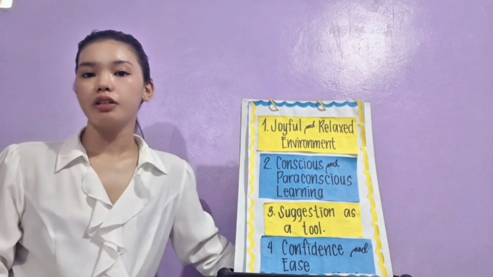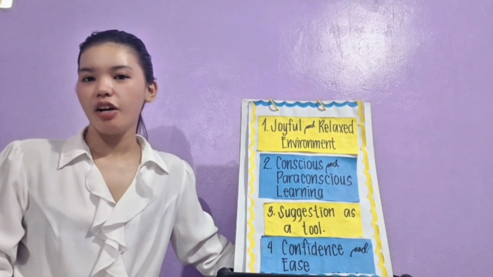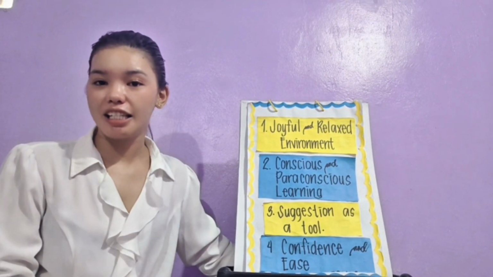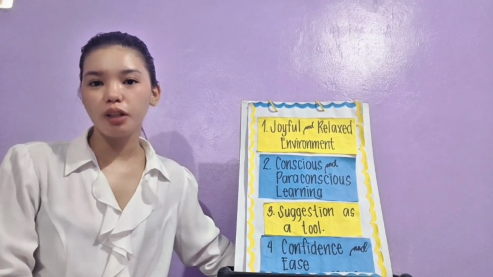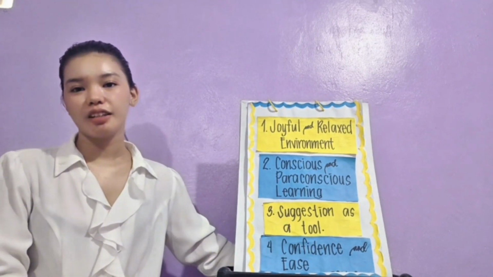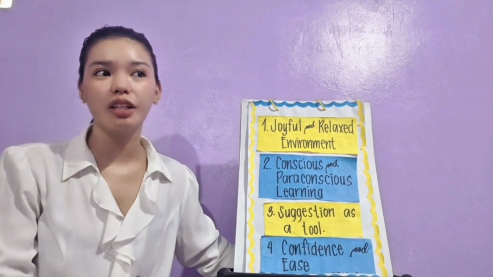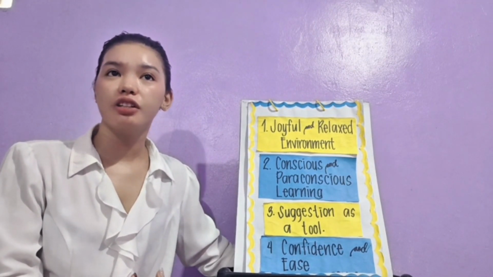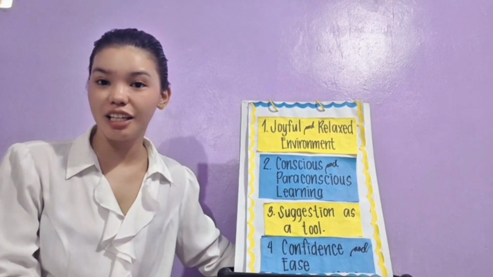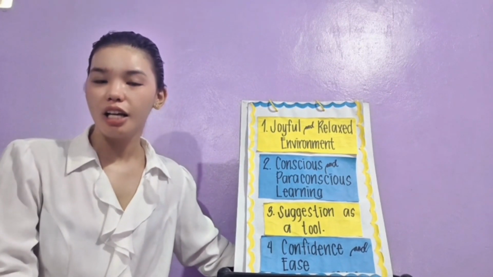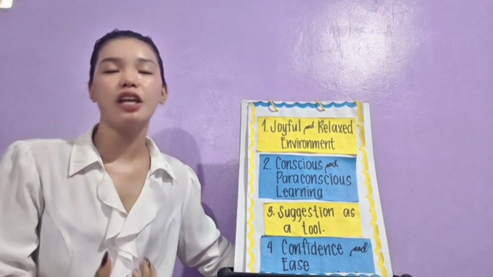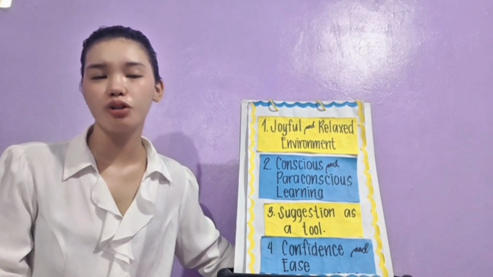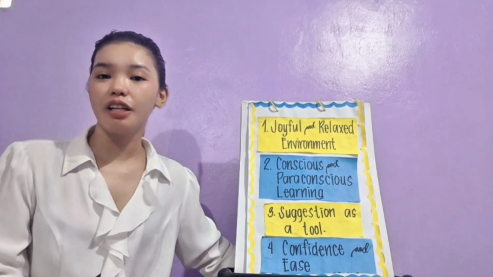The fourth one is confidence and ease. It is also a principle in the Desuggestopedia. Kasi, dito sa joyful and relaxed environment, we can observe that the students already feel the safeness or the safety inside the classroom. Of course, when you feel the safeness in the environment that you're learning, you have the confidence and ease.